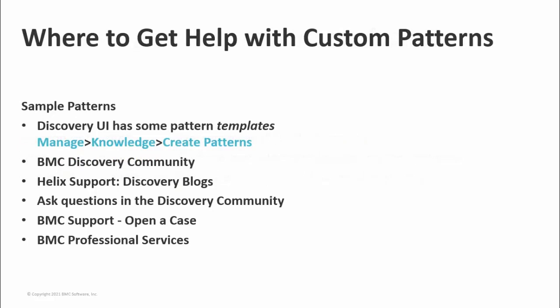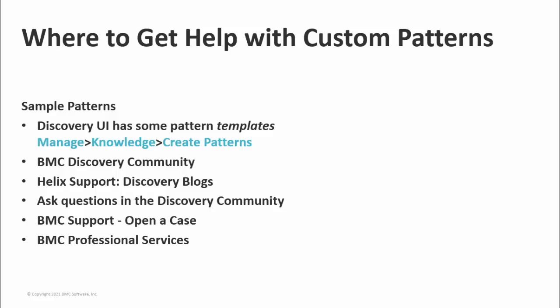Where can you get help with custom patterns? In the UI, there are some sample pattern templates. If you go to Manage Knowledge, Create Patterns. Or in the Discovery community, you can ask questions about patterns and you can find many samples. There are also some Helix support Discovery blogs, which sometimes give information about patterns or show samples.